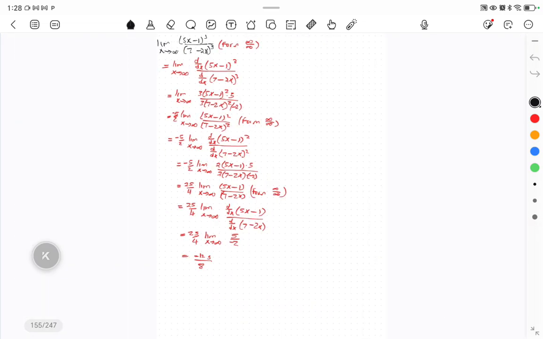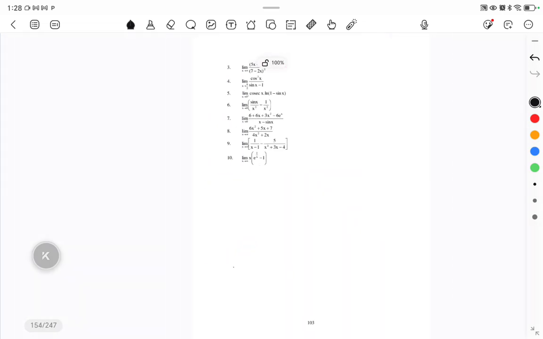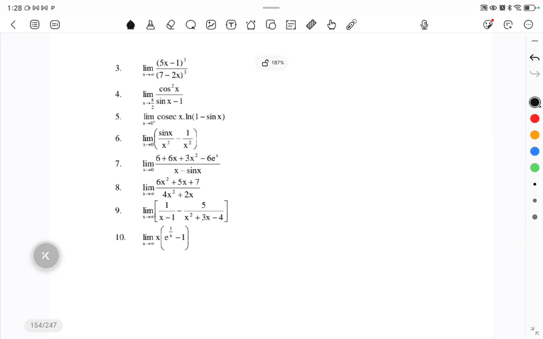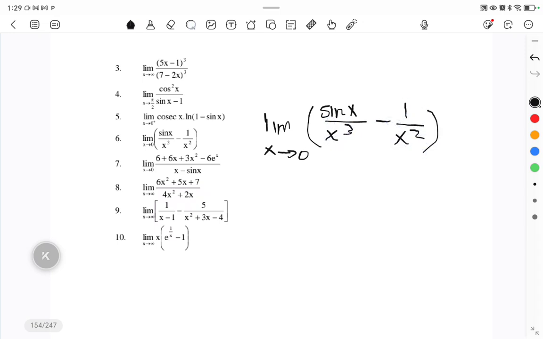So now we come to 6. On 6 we have the limit as x approaches 0 of sine x over x to the third minus 1 over x squared.